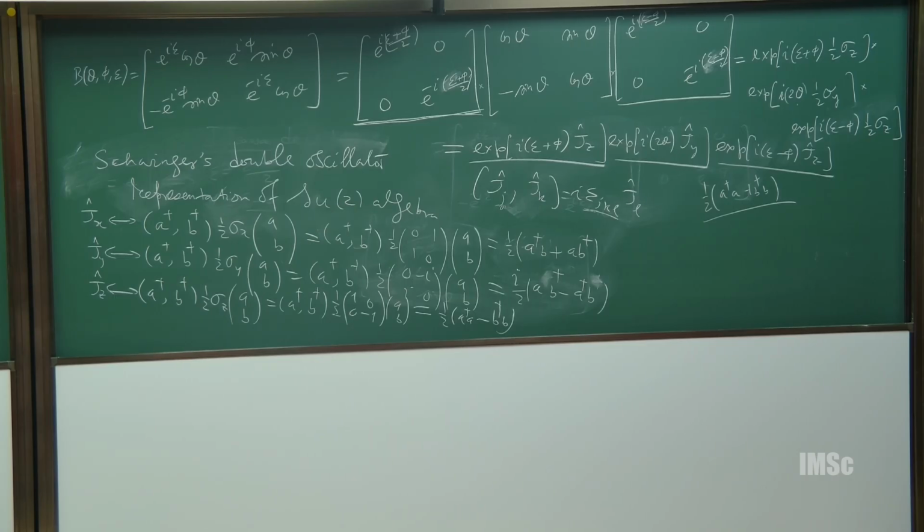Jz is also not invariant, not conserved. Invariant means if you apply U and U dagger, that quantity should remain the same. That corresponds to the energy conservation. Right?